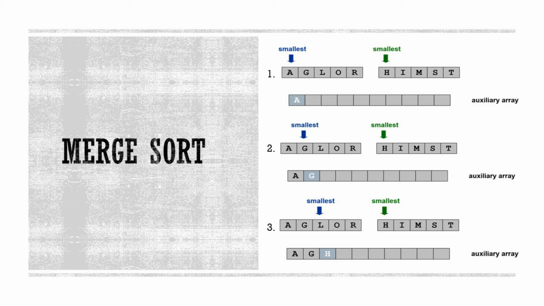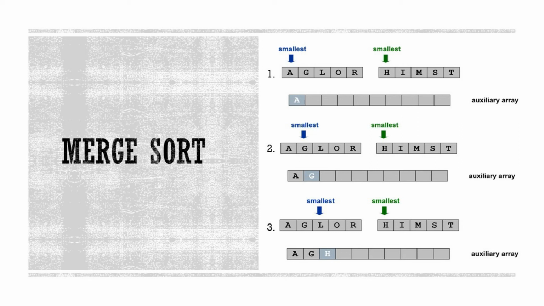Number 2, in the first half we take G. The G needs to be compared with the second half. We choose G because A is already sorted into the auxiliary array.